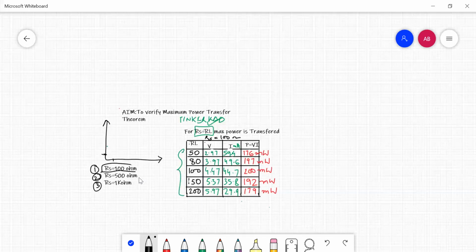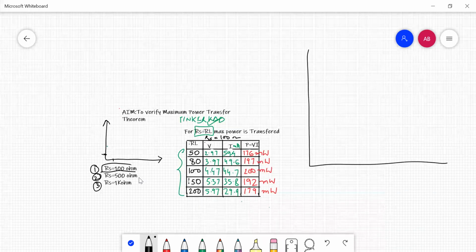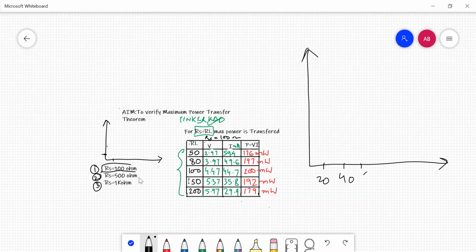So let me draw it on this side. Here it will be your 20 ohms, 40 ohms, 60 ohms, 80 ohms, 100, 120, 140, and so on, 160, 180, and 200.